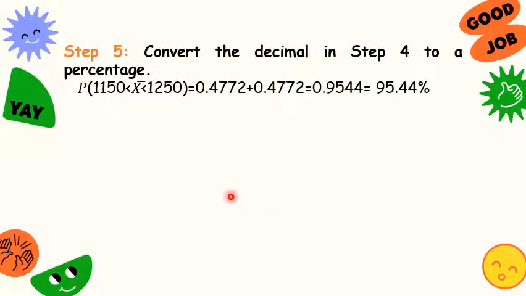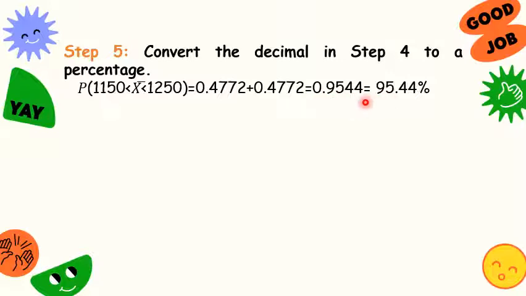Step 5, convert the decimal in step 4 to a percentage. Ang i-convert natin sa decimal ay yung area ng shaded region. So, in this case, the probability that the sample mean is in between 1,150 and 1,250. So, syempre, yung dalawang shaded region, pagsasamahin lang natin silang dalawa or i-times 2 nyo. 0.4772 plus 0.4772, this is equal to 0.9544.